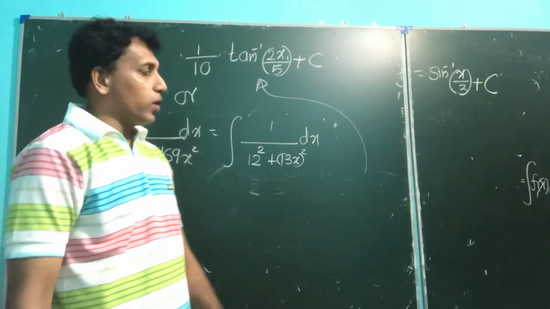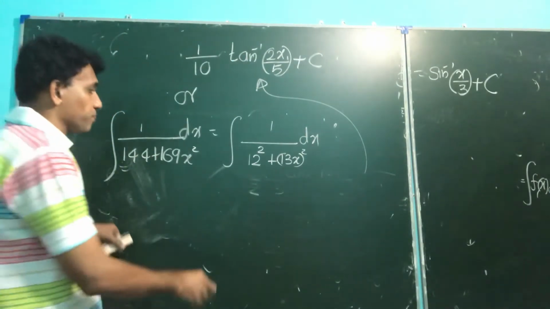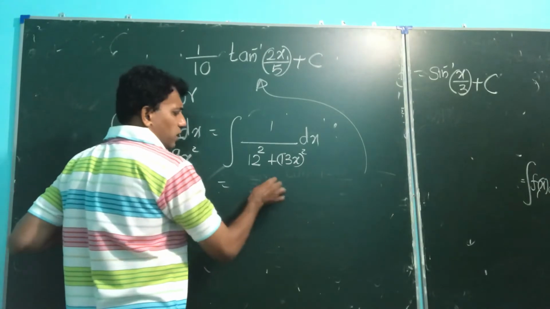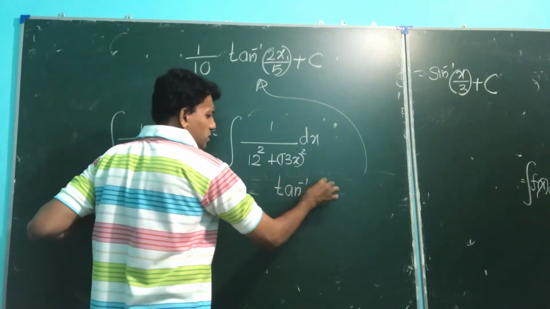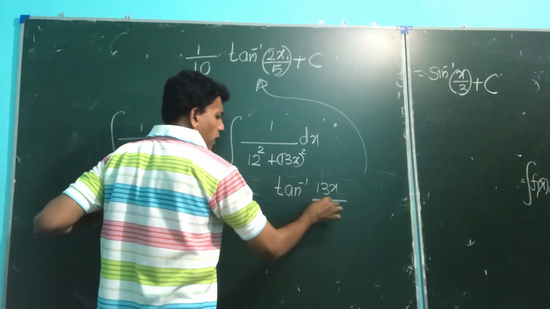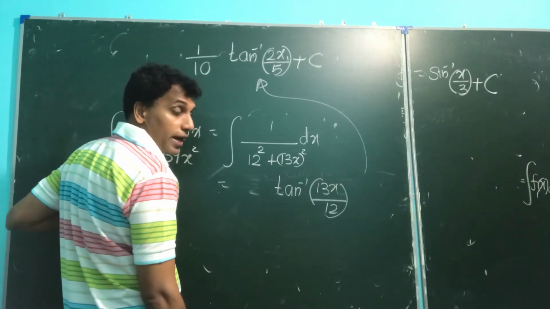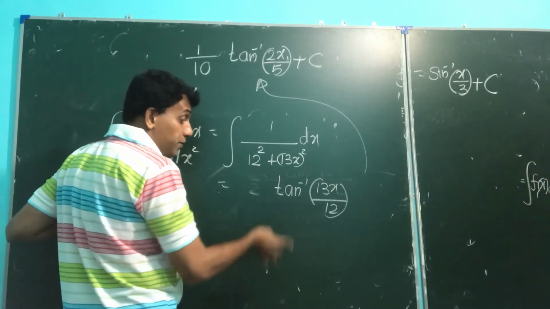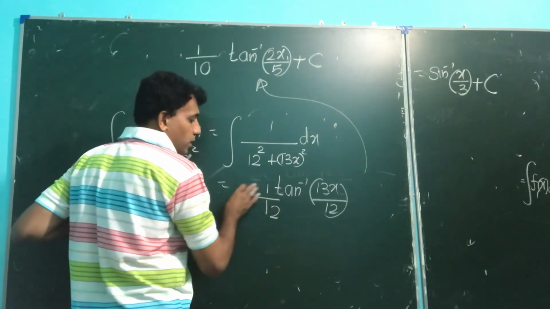1 over a square plus x square pattern, that is the tan inverse form. So the answer is tan inverse of 13x over 12, x over a, and don't forget 1 over a in front.